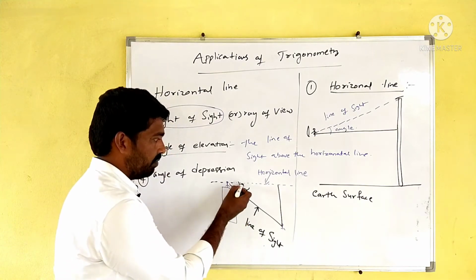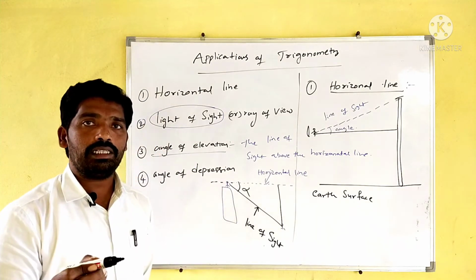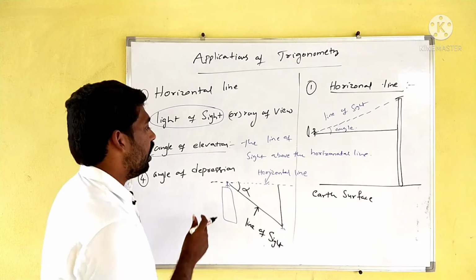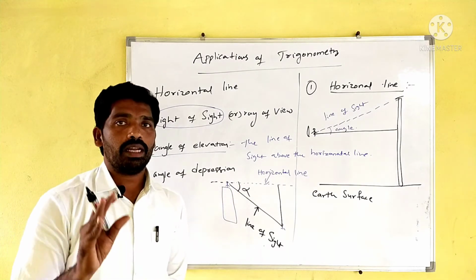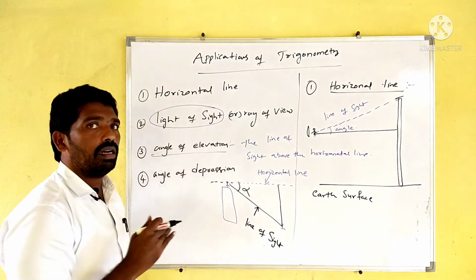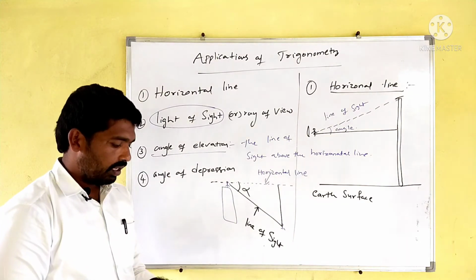The line of sight is below the horizontal line, which is the reference line. This is called the angle of depression, between the horizontal line and the line of sight. So this is the main terminology: horizontal line, line of sight or ray of view, angle of elevation and angle of depression.